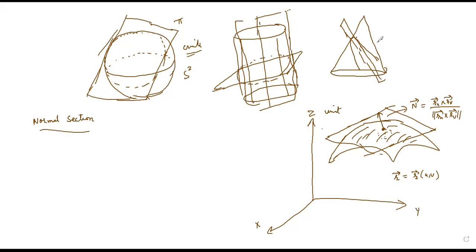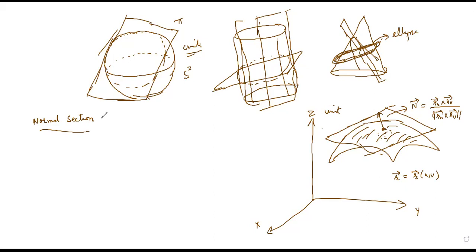If it cuts in this manner, not parallel to the generator, the section would be an ellipse. Similarly, another possibility would be that of a hyperbola, and of course there would be degenerate cases of a pair of lines, a line, or a point. Okay, now these are all sections of surfaces by planes.